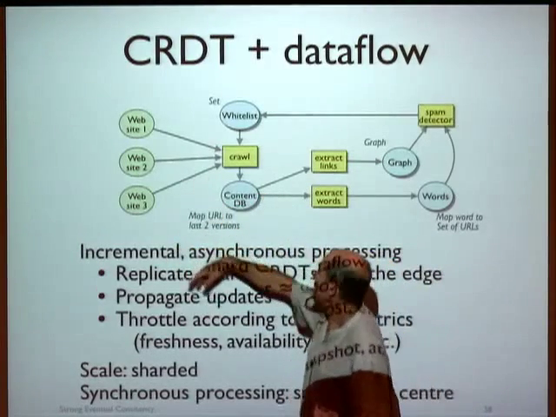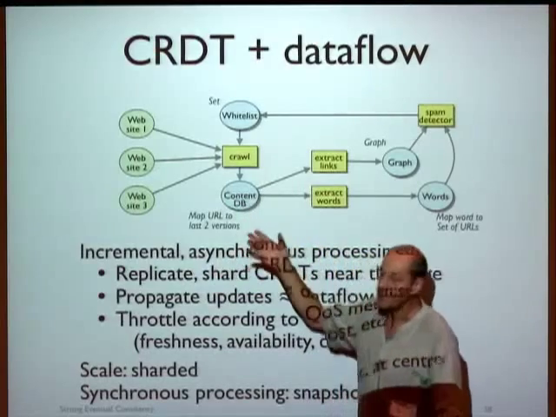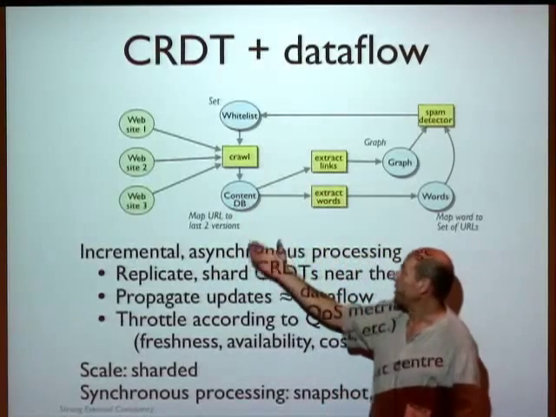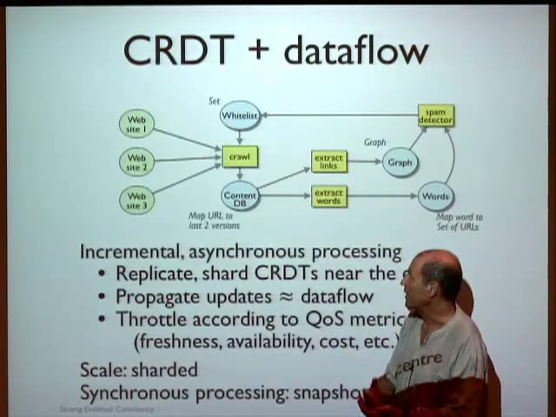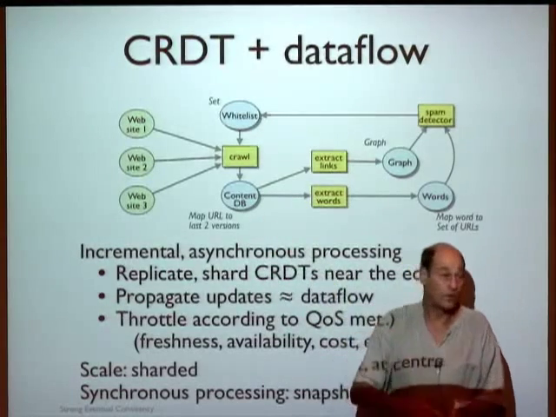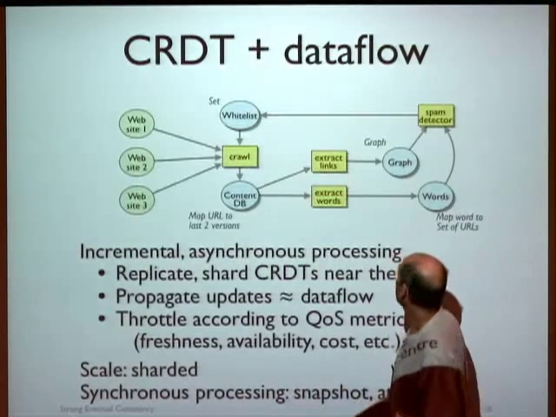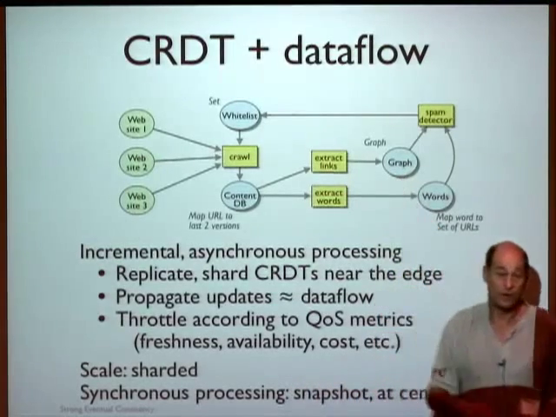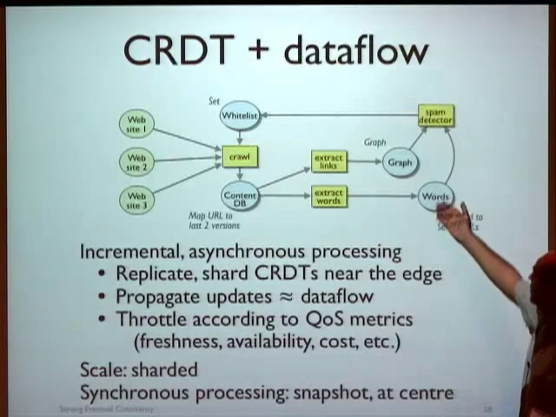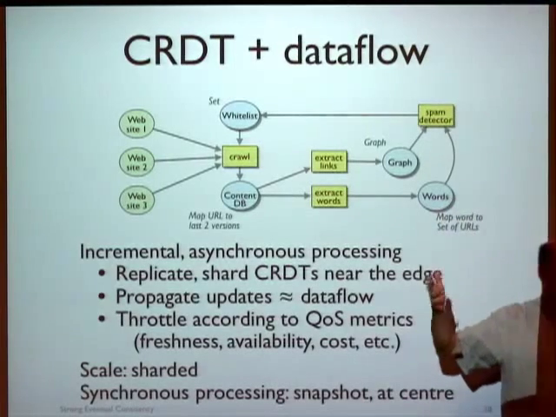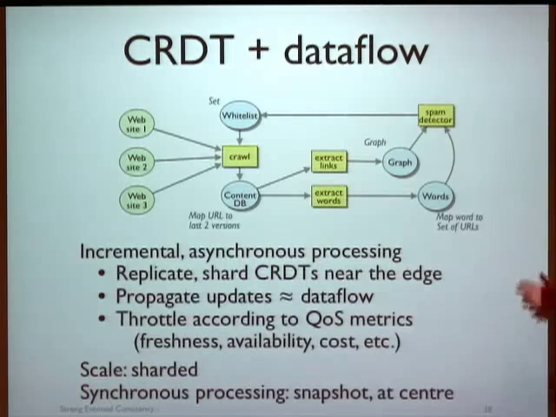If you crawl your websites and create a local copy, it's going to be a map of a URL to some content, right? So that's just a map. I showed you how you can do a graph as a CRDT, and the list of words in your system is just a map again. So a lot of these things could be implemented as CRDTs.